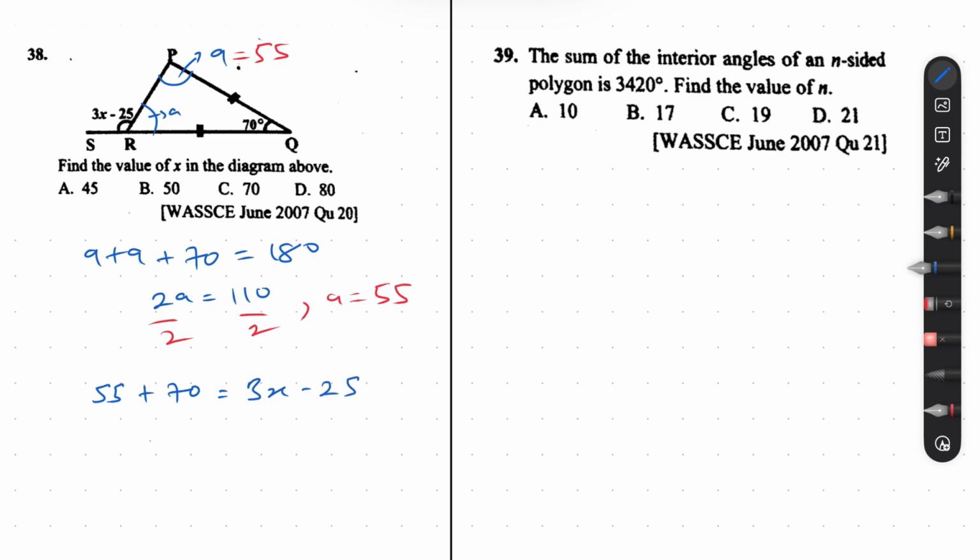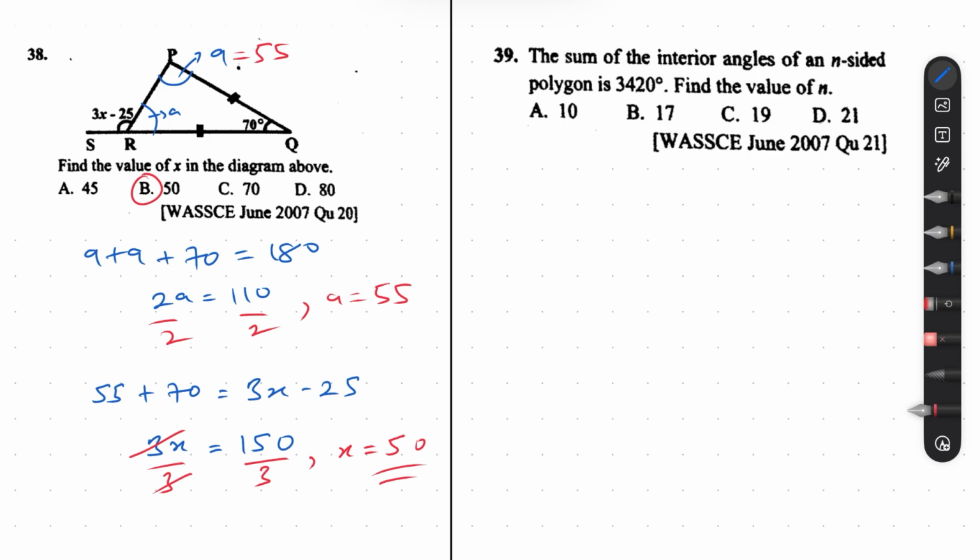When we solve the equation, 3x would give us 150. Let's divide both sides by 3. 3 will cancel out. Then finally, we have x to be 50. So that is our answer, 50, which is B.